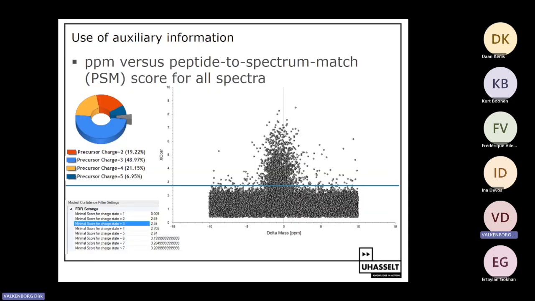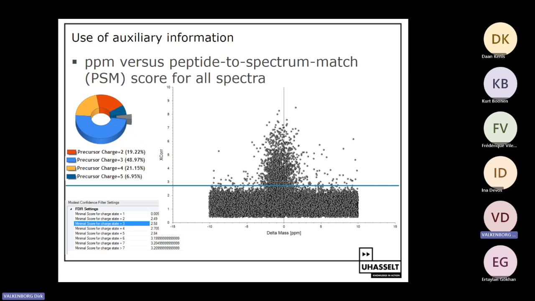Another interesting part of additional information is, for example, if we receive a sequence from our database search, we can compute the mass value of that peptide and compare it with the actual observed mass value. If we do that for all our peptide to spectrum matches, we receive a plot that looks more or less similar to the plot on this slide.